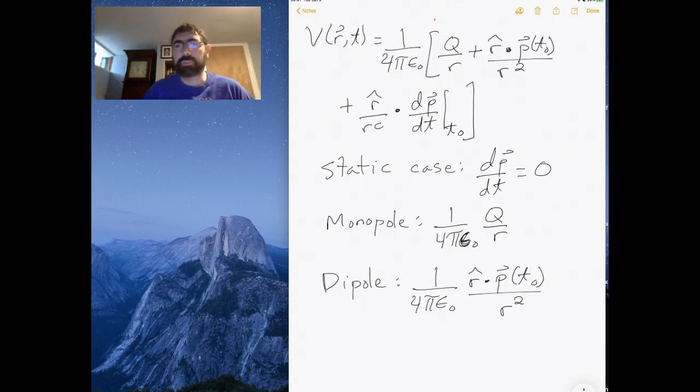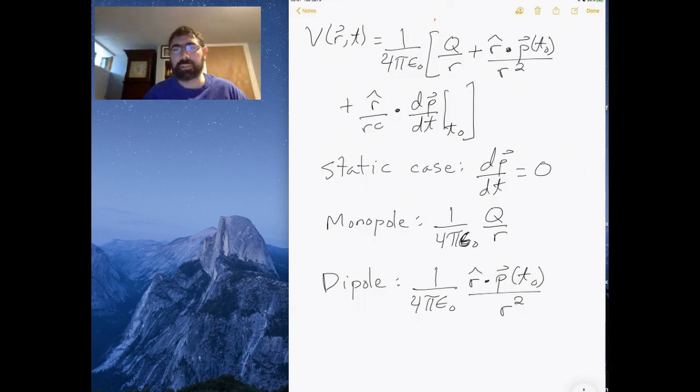Okay, so what we've essentially done now is start with a time-dependent electric potential. That's what we did differently than in previous chapters in the book. Now we're considering the time dependence, and when we do that, what we end up with is our electric monopole and electric dipole, all evaluated at some particular moment in time t0.